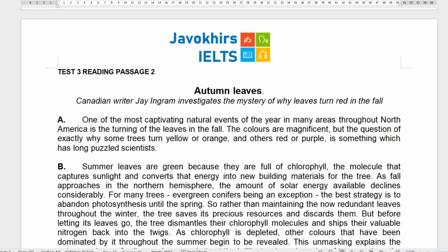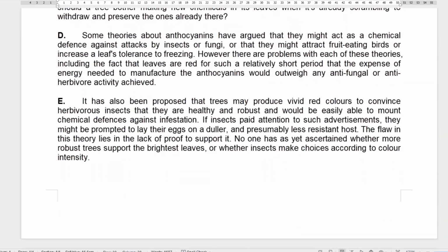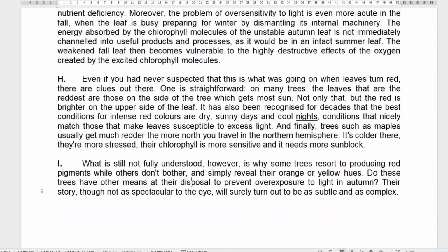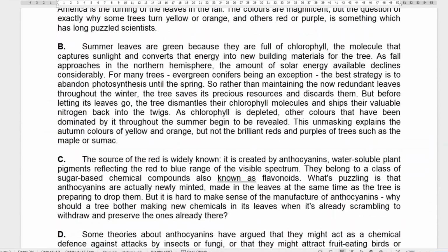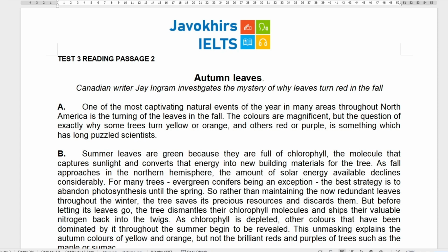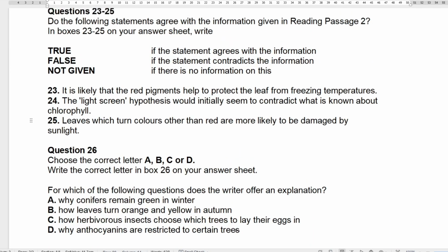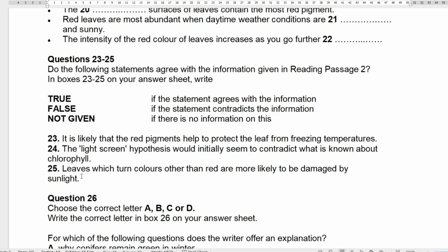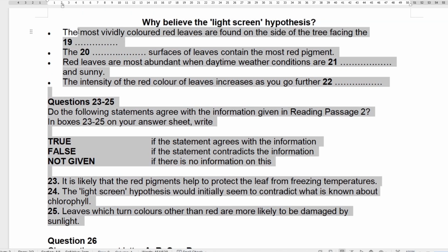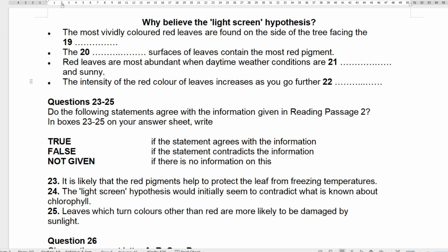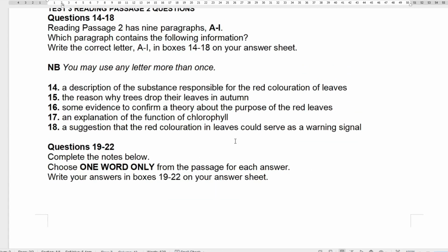However, because I believe that we have 1 2 3 4 5 6 7 8 and 9 paragraphs, the chances are very few that we will find any of these questions. I mean, not this one necessarily, but chances are low that these questions are going to be answered. However, we'll try to find them as fast as possible.